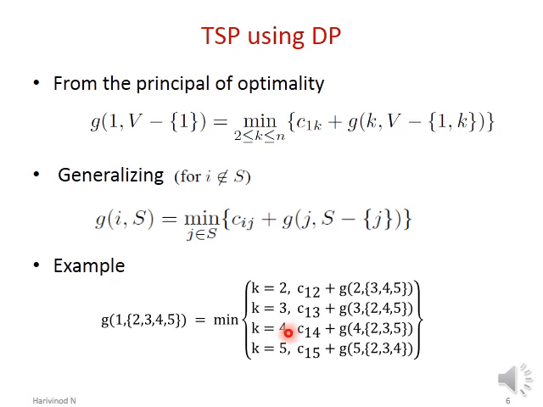Similarly, suppose k is equal to 4, C of 1, 4 plus G of 4, 2, 3, 5. Similarly, the last one. So we have 4 choices here. Among the 4 choices, the one that results in the minimum value is taken as the path from 1 visiting all vertices 2, 3, 4, 5 in some order and coming back to 1.